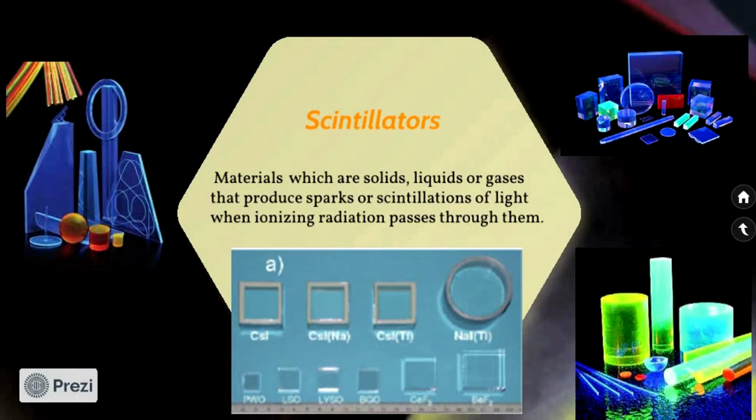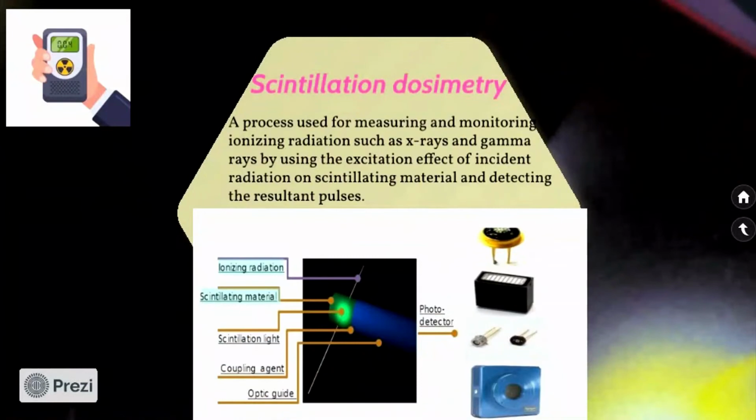There are different scintillation materials such as organic solid plastic or organic liquid hydrocarbon, inorganic crystals, noble gases, or glasses. So, what is scintillation dosimetry?